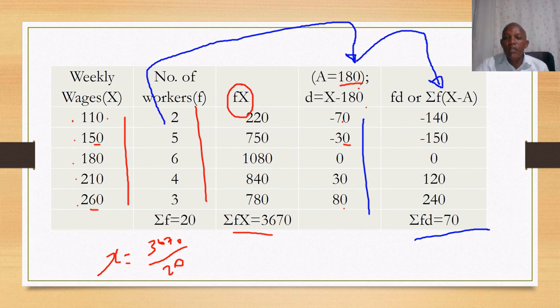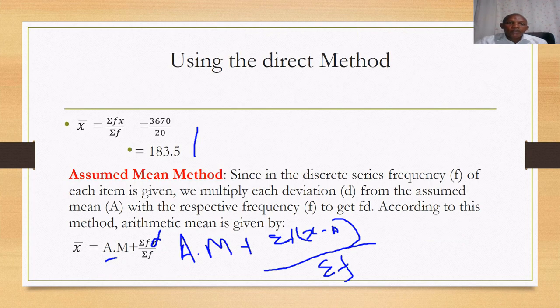Then you come here and you get the sum of deviation from the assumed mean. So we know here, for example, our value is 70. Then we had used this already; this one we're using the direct method.